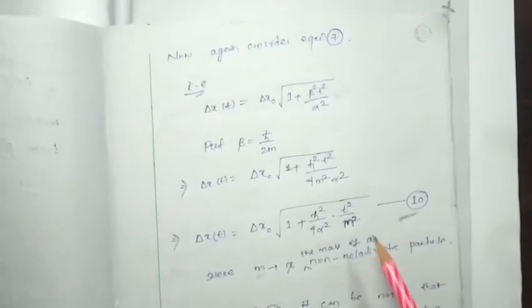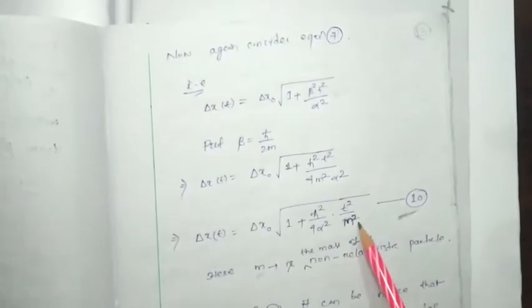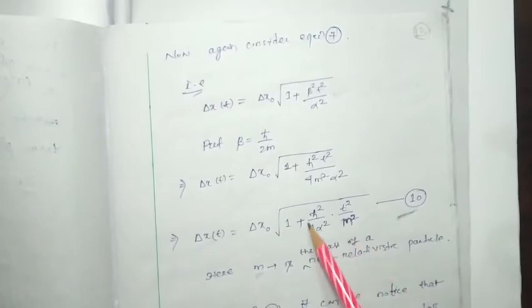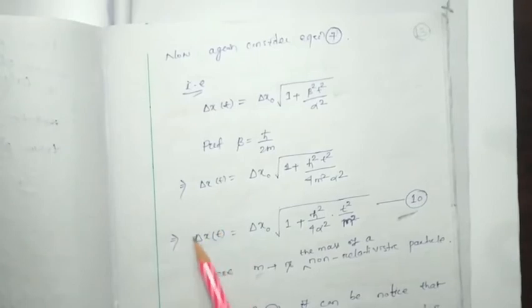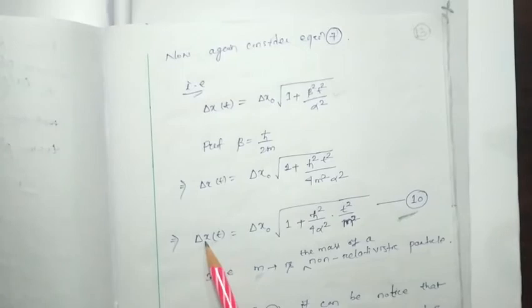Because if m is large, here m is in the denominator, then this factor will be small. If this factor is small, then Δx(t), or the spreading, will not be significant, will be very less.